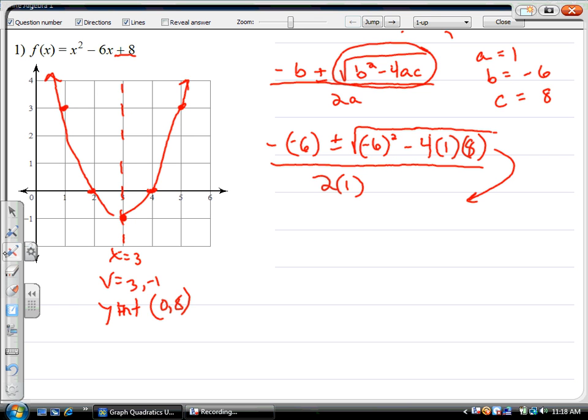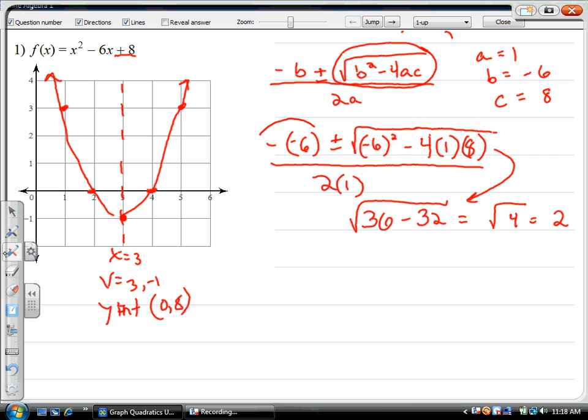Negative 6 squared is 36 minus 4 times 1 times 8, which is 32. So we get 36 minus 32, which means we have the square root of 4, which is the same thing as 2.